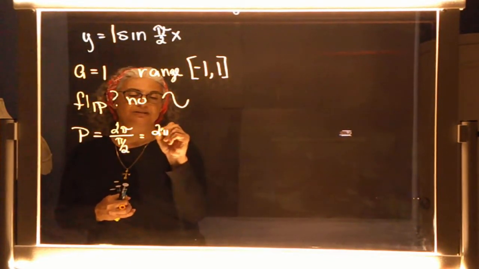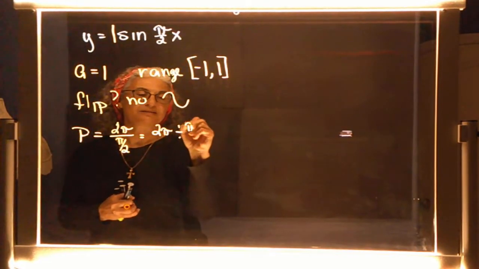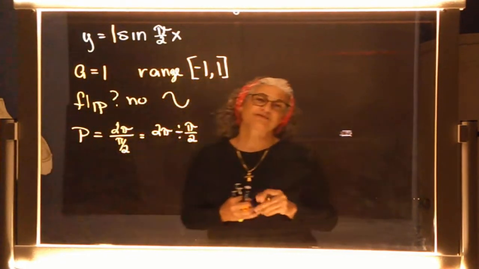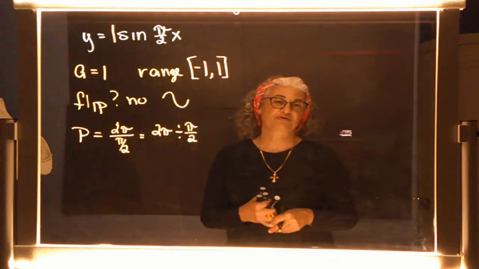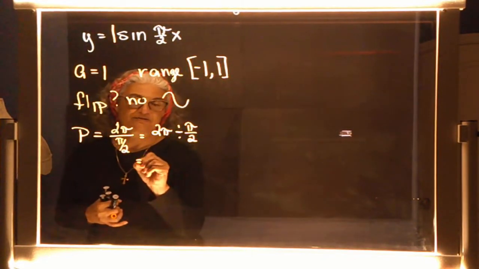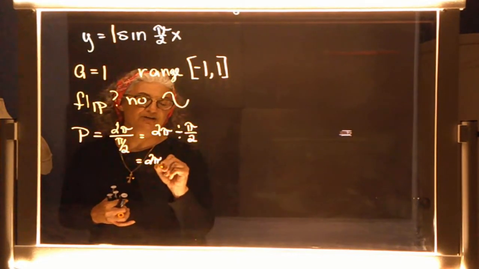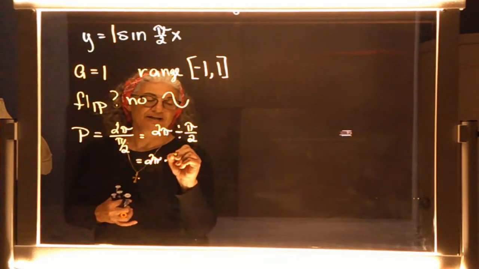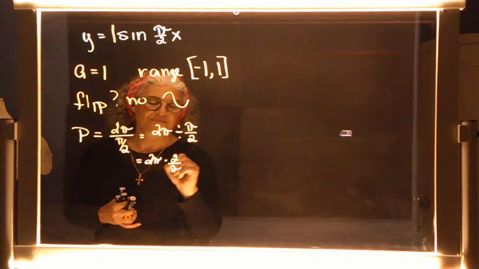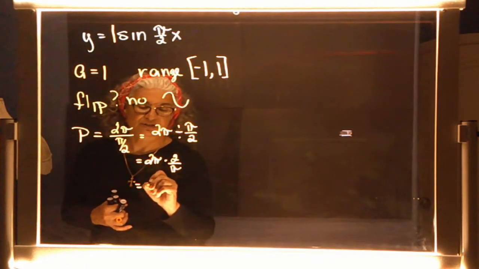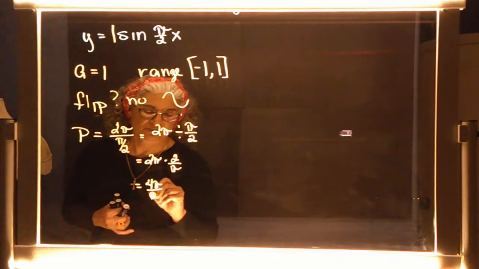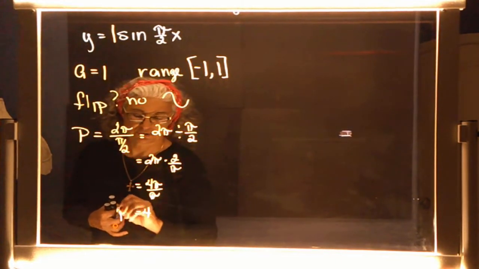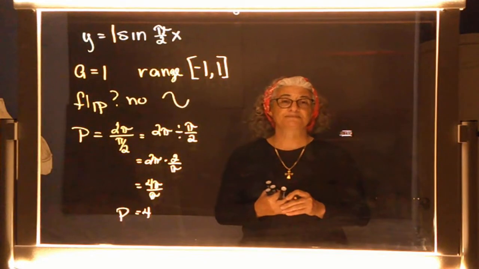I am going to write it this way because sometimes it's easier for me to see it that way than as a complex fraction. Of course, I'm expecting you remember how to divide fractions, which means it looks like I'm just going to get, what? 4 pi over pi, which means we just get 4.